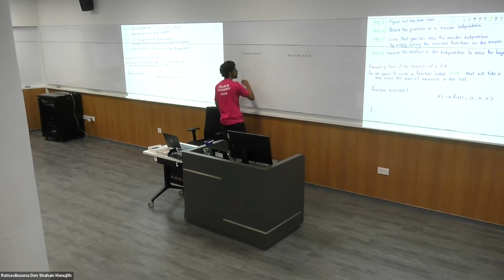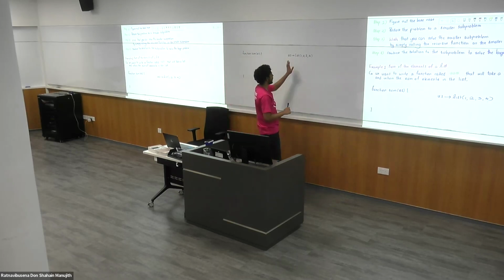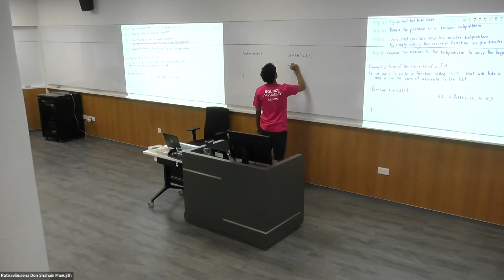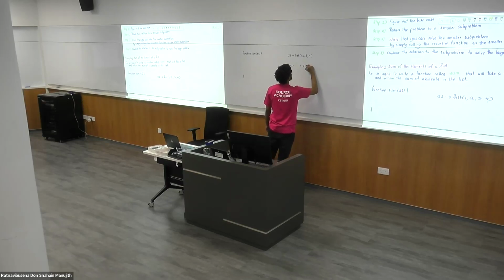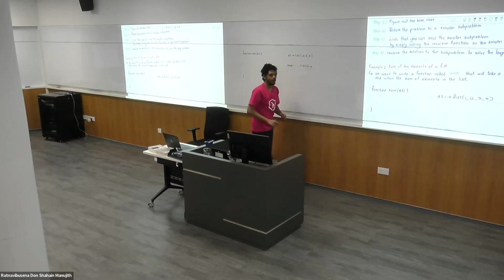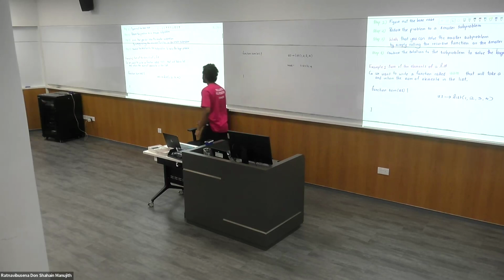If I have this list, what would the result be? The result is equal to 1 plus 2 plus 3 plus 4. So if I have a list like this, the result of summing the list would be 1 plus 2 plus 3 plus 4.